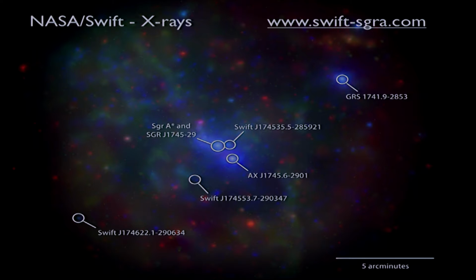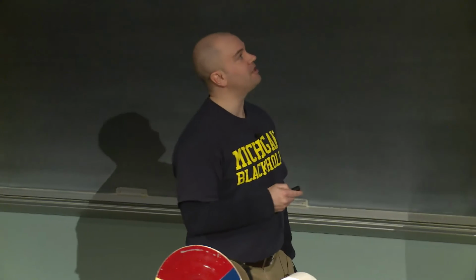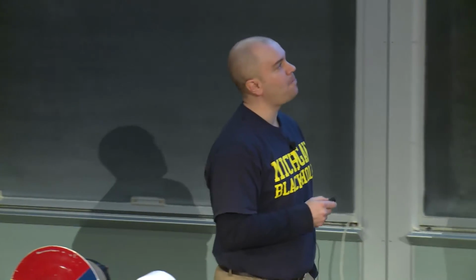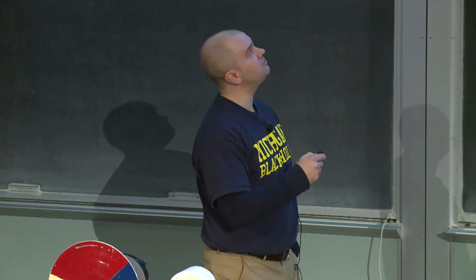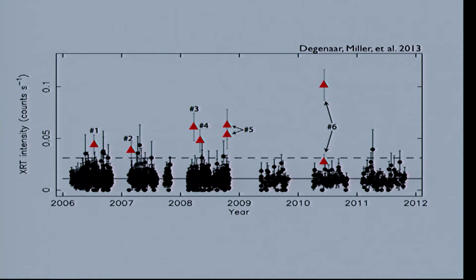And so there's a lot happening at the center of the galaxy in X-rays, but here is the central supermassive black hole, about 4 million solar masses. And so what Natalie does is she takes an image of this region every single day with Swift. Isn't that great? You get to look at it every day and see what's happening. We've been doing this for several years. So here's time on the x-axis from 2006 to 2012 shown on this graph.